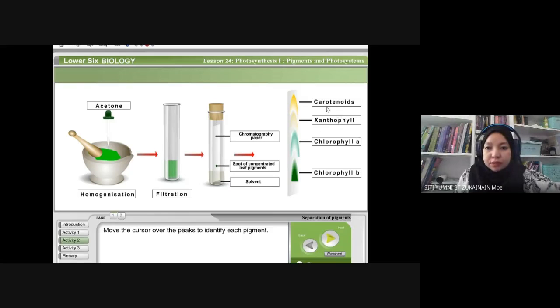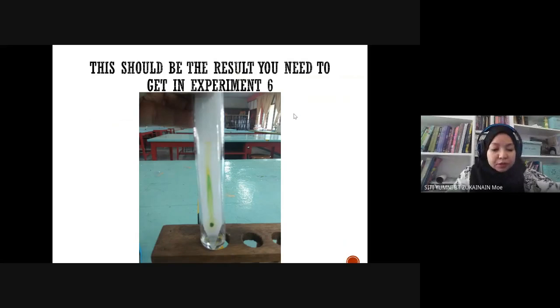These are the pigments that you can observe on the chromatogram: chlorophyll B, chlorophyll A, xanthophyll, and carotenoids. This should be the result you need to get in experiment 6 later.